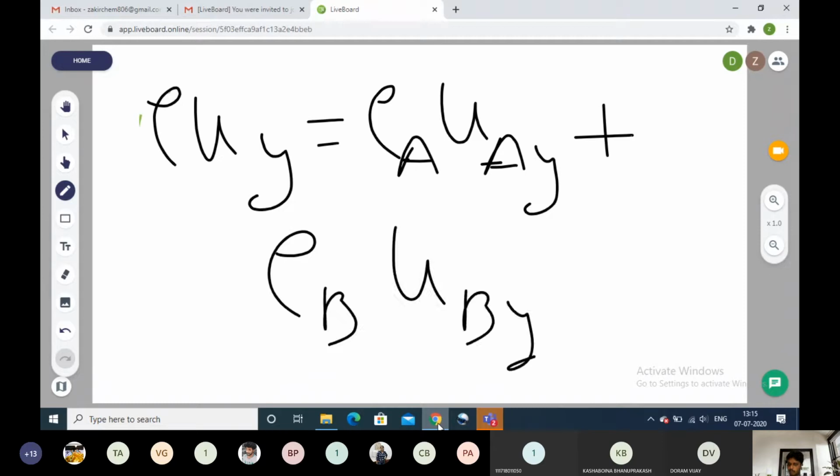We have to write for the Y component. So this is equation number 19.